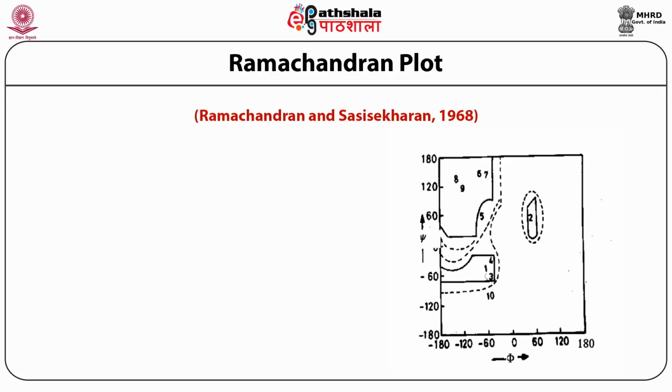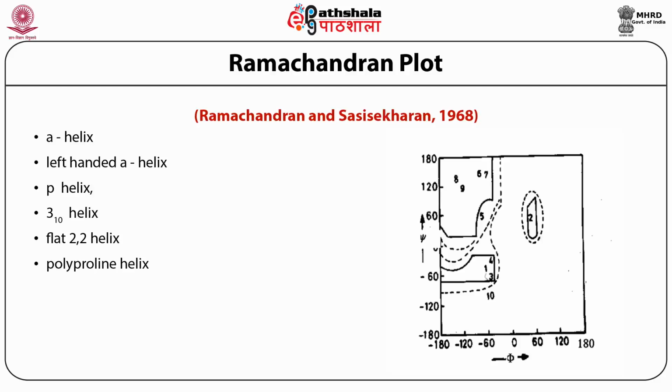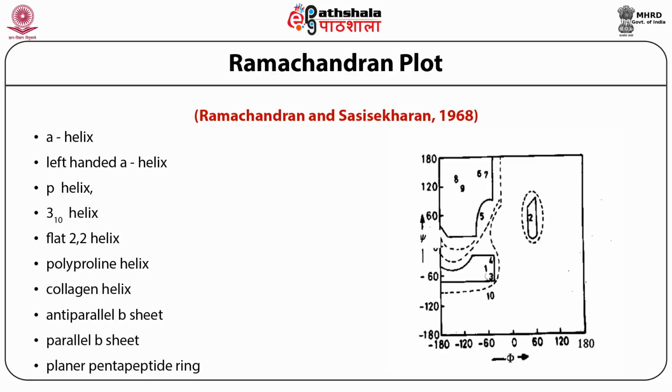Region 1 here is alpha helix, region 2 is left-handed alpha helix, normal alpha helix being a right-handed alpha helix, region 3 is a pi helix, region 4 is a 3-10 helix, region 5 is 2.2 helix, region 6 polyproline helix, 7 collagen helix, 8 antiparallel beta sheet, 9 parallel beta sheet, and 10 planar pentapeptide ring.